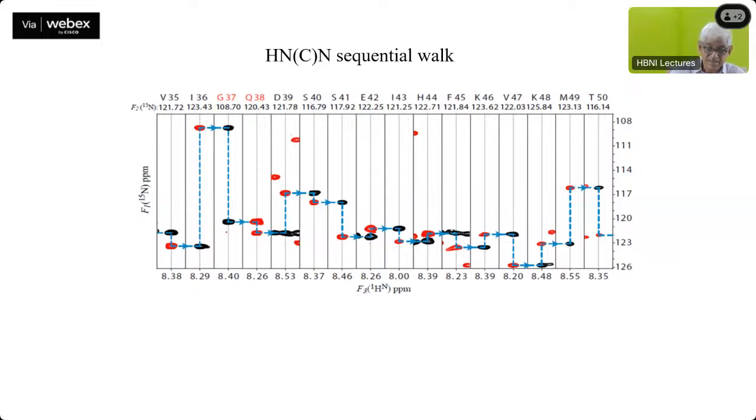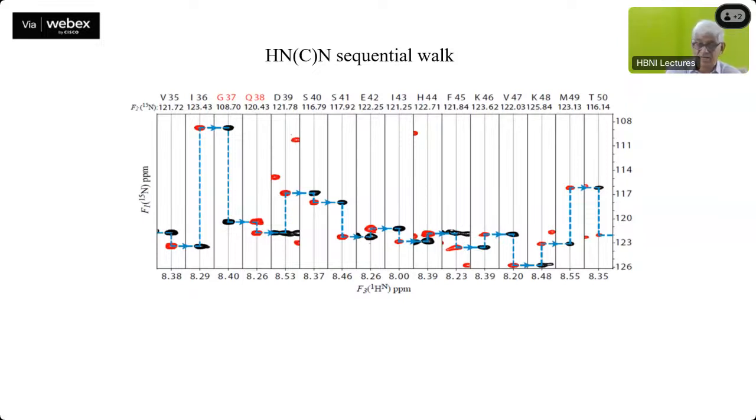Notice clearly the two positive peaks here, and immediately the neighboring ones are two negative peaks. This was what we saw in the schematic which I drew, right? When there is a G, the two peaks are positive, and then the next ones immediately following are negative.